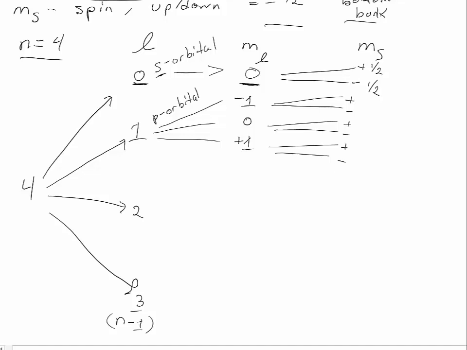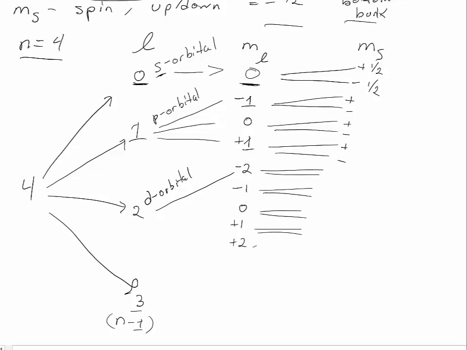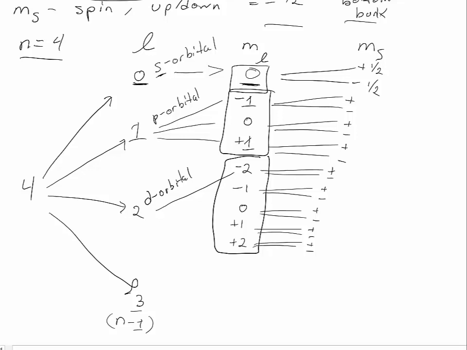For an l of 2, this is a d orbital. And the m sub l's will range from -2 to -1, 0, +1, and +2. And again, for each of these, there are 2 possible spin values because each orbital can hold 2 electrons. Notice that there are 5 d orbitals, 3 p orbitals, 1 s orbital.